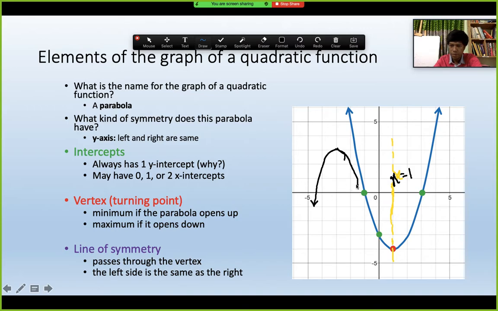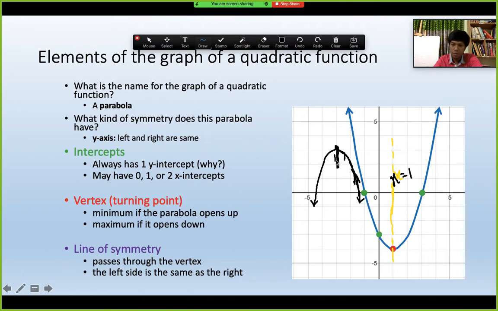This is 5, so this has to go through something like this. While I'm drawing, I have to think about many other things also. They must match with everything. Anyway, if this is the vertex, then the axis of symmetry or line of symmetry will be this line.